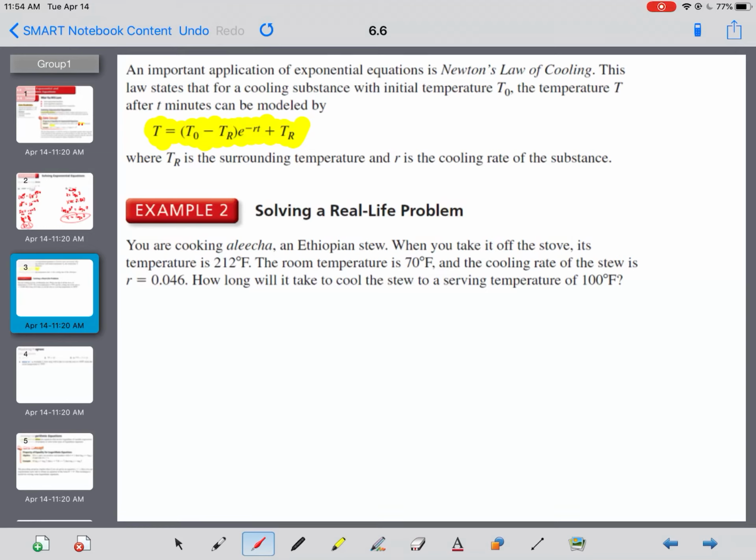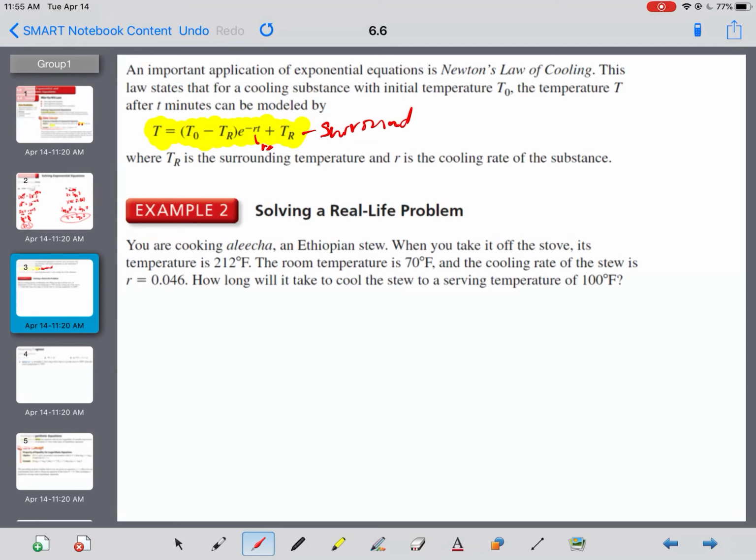This law states that for a cooling substance with an initial temperature T sub 0, the temperature T after little t minutes can be modeled by T equals T sub 0, the starting temperature, minus T sub R, times e to the negative rt, plus T sub R, where T sub R is the surrounding temperature and r is the cooling rate of the substance.